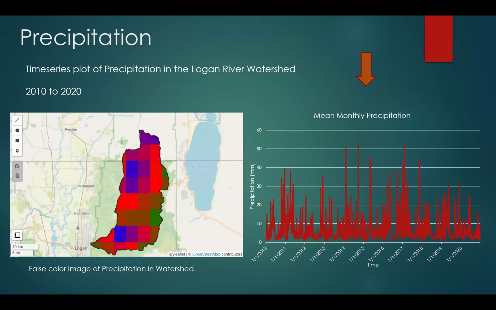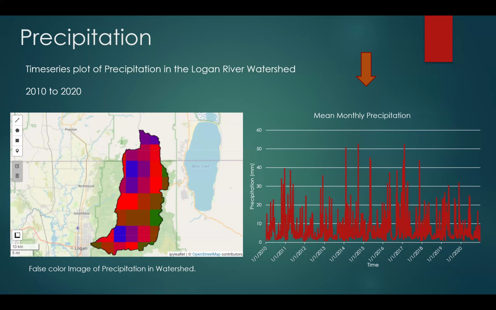What I did was a time series plot that goes all the way from 2010 to 2020. In the watershed area, I'm trying to get the mean monthly precipitation. I got the saved file from the StreamStats of the USGS website and made it an asset in Google Earth Engine.